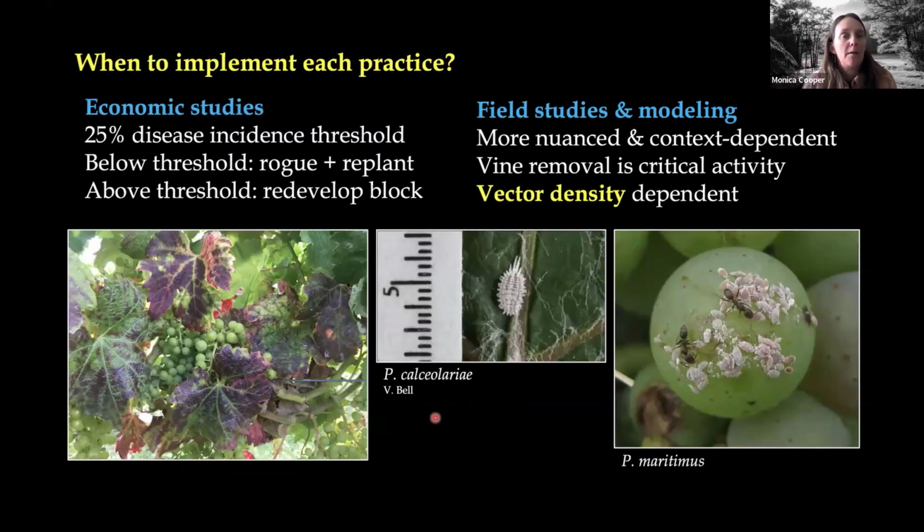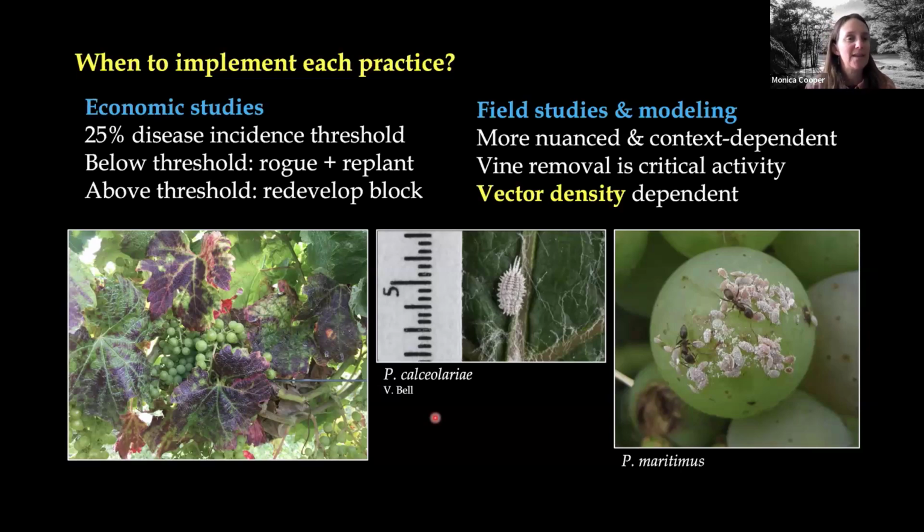Okay. So the last critical thing to think about when we're talking about disease management is when should we implement each practice? What different levels of disease incidence trigger differences in our management plan? Economic studies have attempted to answer this question through modeling.